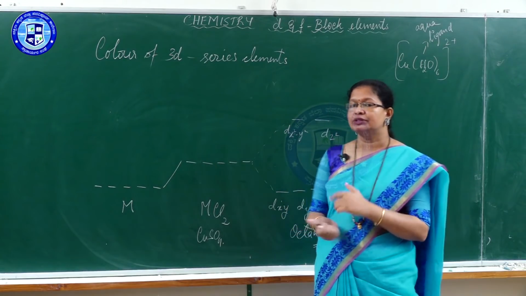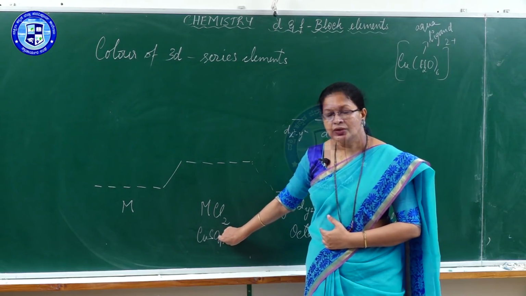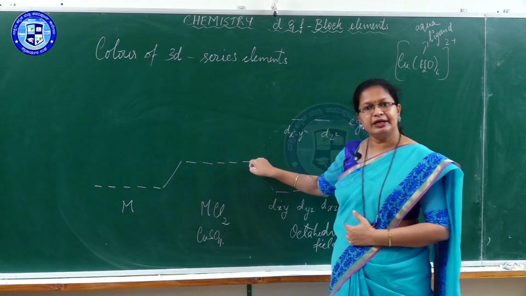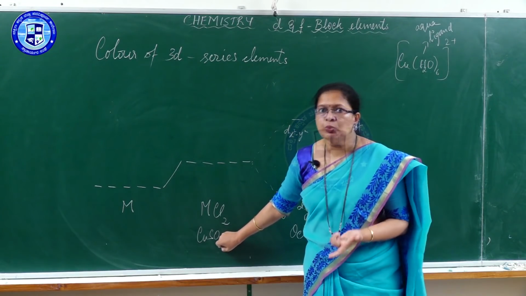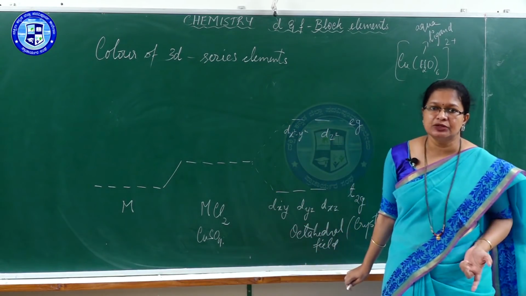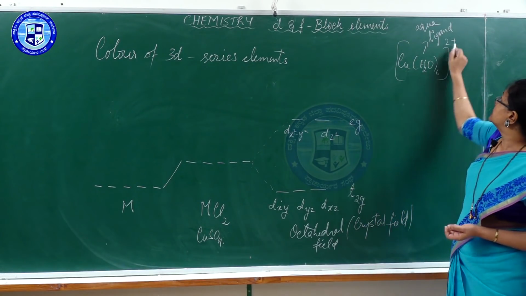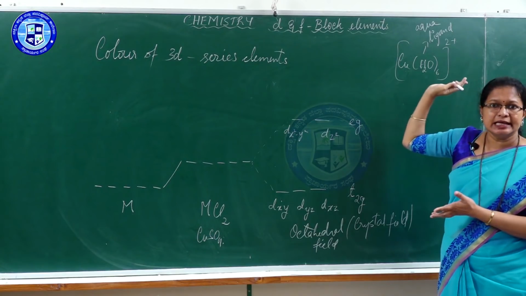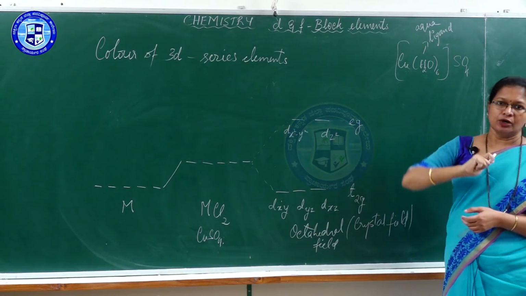The reason for this I am giving here. Assume this is anhydrous copper sulphate where the d orbitals are degenerate. Now it absorbs water or you put it into water, then it becomes an aqueous solution of copper sulphate. In that, copper sulphate takes this form. This is the +2 ion, sulfate will remain outside as SO4 ion, and this will be the complex.